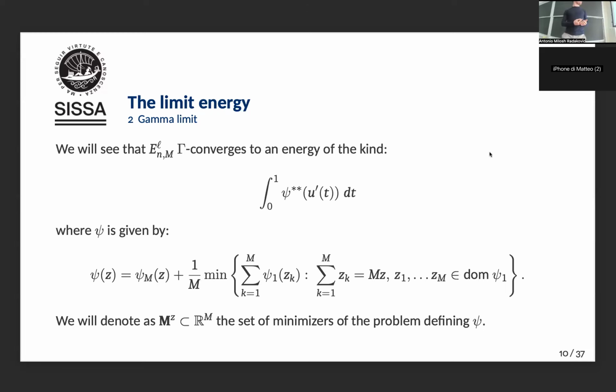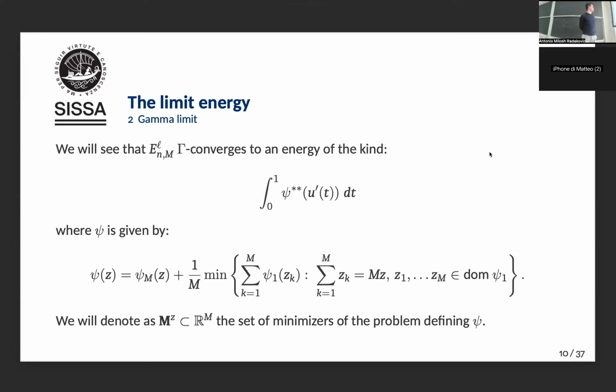Okay, how is this function psi defined? It's done through this minimum problem. So we have psi-n plus the minimum of the average of psi-m, of psi-1 evaluated at some points, the average of which is exactly z, so the value we want.